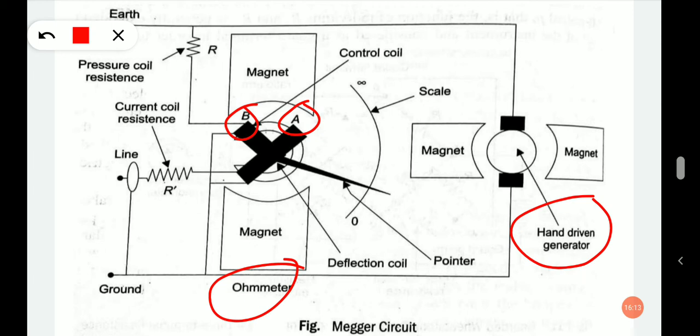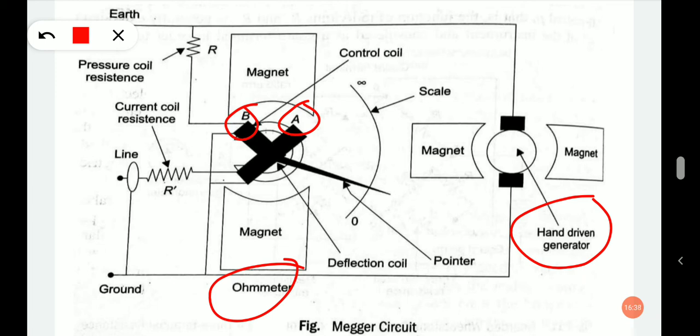This arrangement is suspended in the magnetic field produced by the permanent magnet, where it is free to move as a single unit over the C-shaped core. As long as the generator is not supplying any current, the pointer is free to move and can point at any position on the scale.